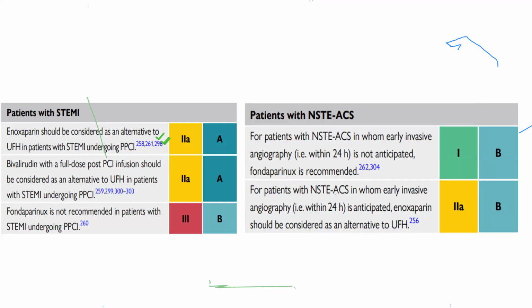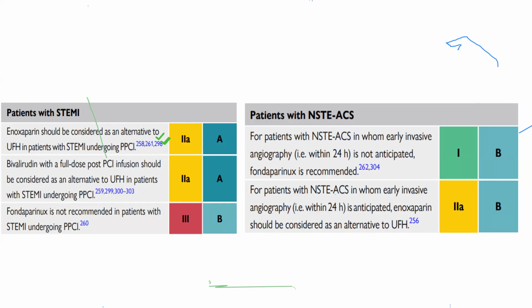Then for patients with non-ST elevation ACS in whom early invasive angiography is not anticipated, fondaparinux is recommended. So for non-ST elevation, fondaparinux has benefit, but for STEMI it does not. So we should remember that.